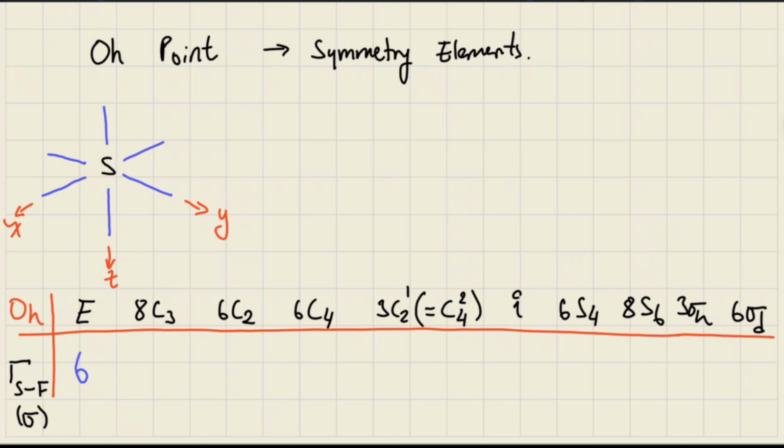And we have a C3 operation. To see that, I want to draw it here. C3 might be a little bit hard, but we have a triangle here, and we have another triangle here, and C3 actually is from here to, maybe I should use a different color, black, from here to here. So we have C3 here, and we have so many of them. Actually there are 8 C3 axes.